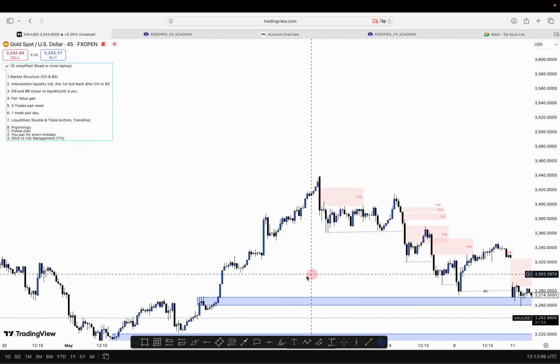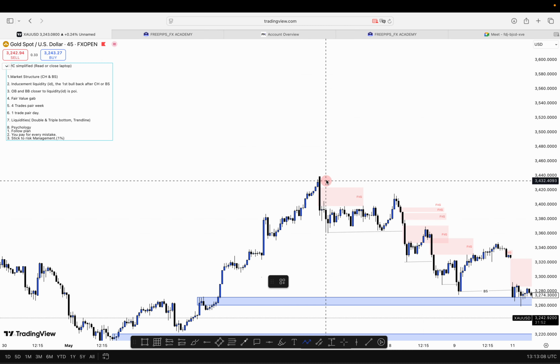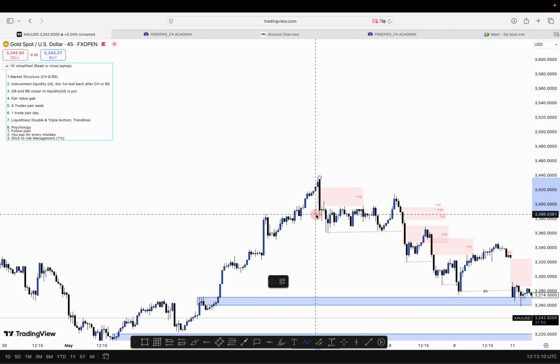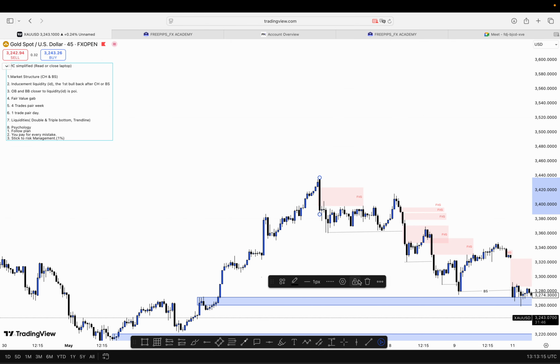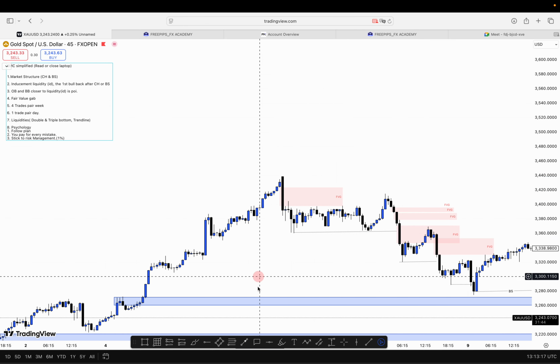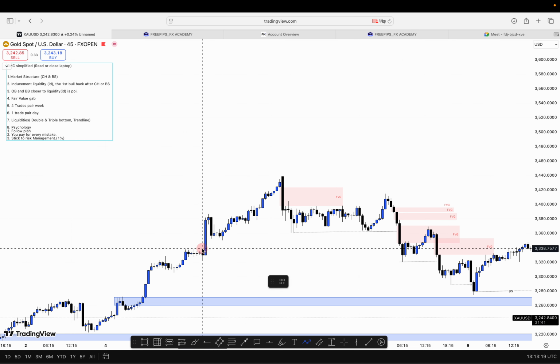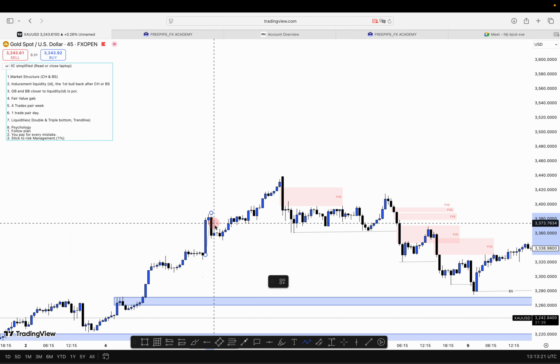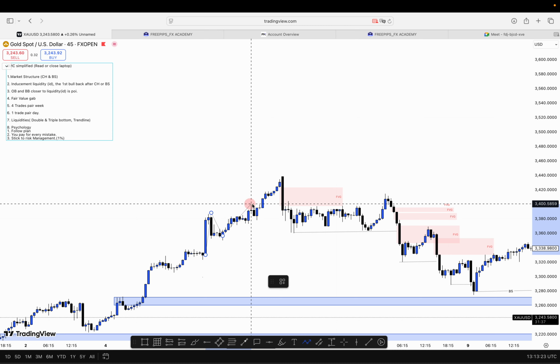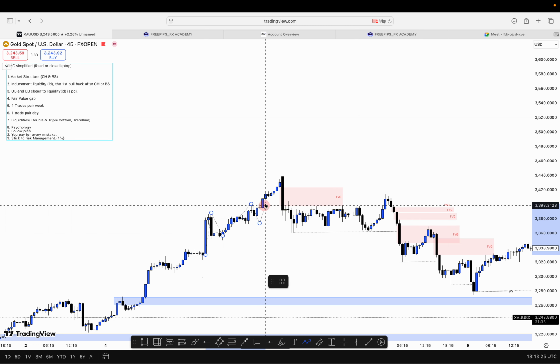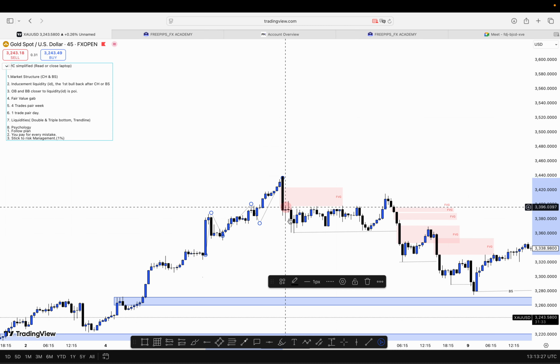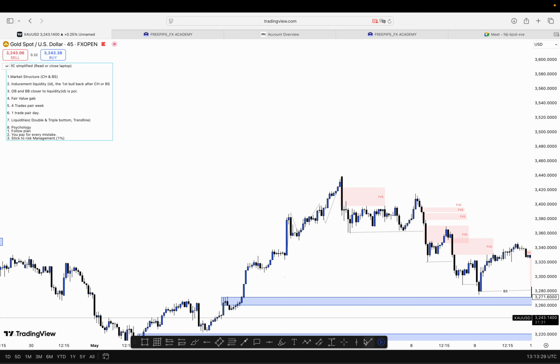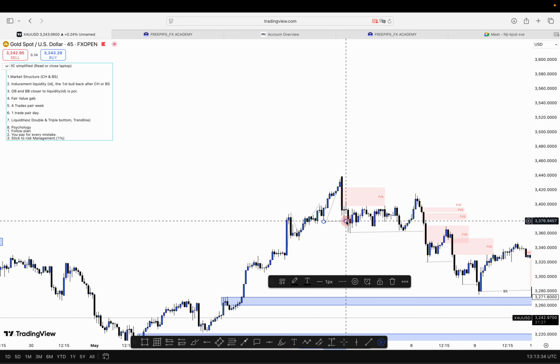This strong candlestick here. Before that, we were creating higher highs, higher lows, higher high, higher low, higher high. Then price has come back to break this higher high, to break this higher low.